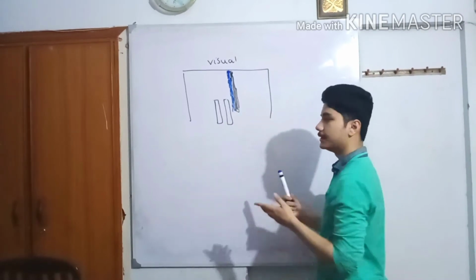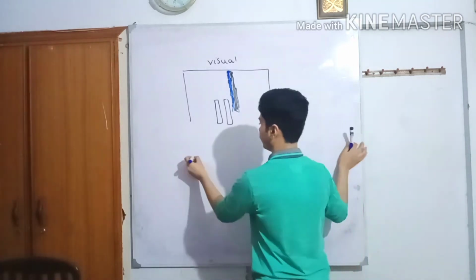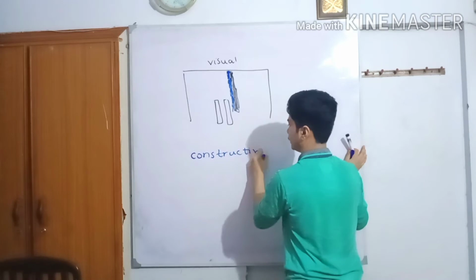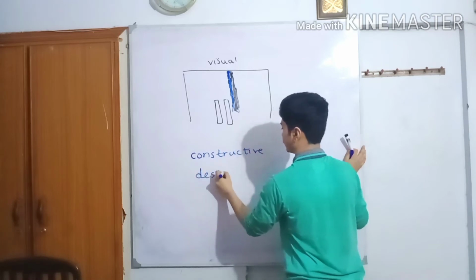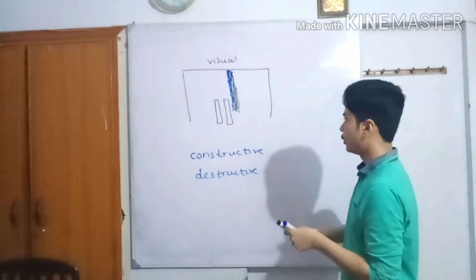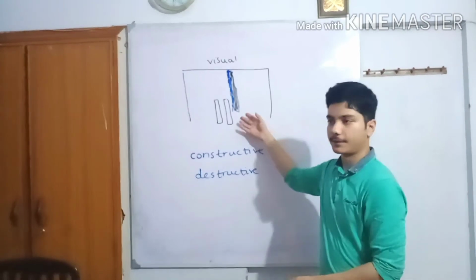Now there will be two conditions for interference of light. Number one is constructive, and number two is destructive interference. And because of this interference of light, they obtain bright fringes and dark fringes.